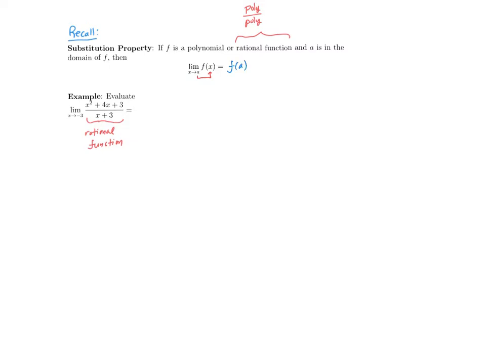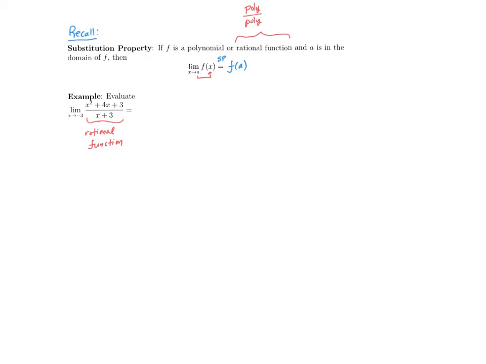But recall, each and every time you use the substitution property, you do have to justify that for me by putting an SP over the equal sign. That indicates that you've thought about the fact that we can apply the substitution property, and you're not just doing this randomly.